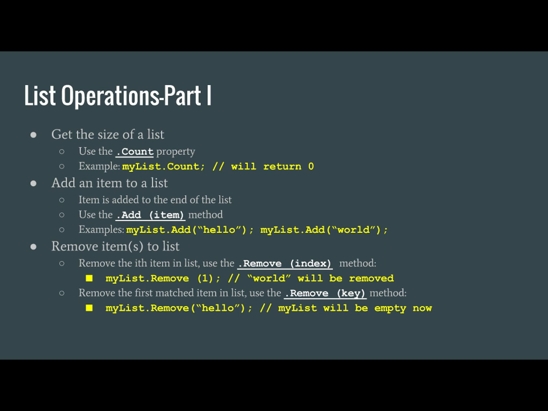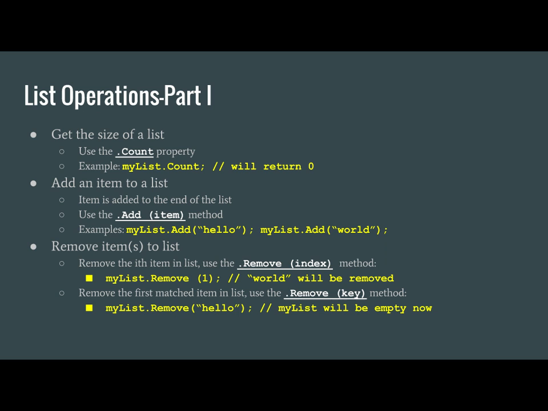Now there's one item in the list, which is the string hello, and the size of the list will be 1. Then I follow up with this statement: myList.Add world. So now there are 2 items in the list. The first one is hello, the second one is world.